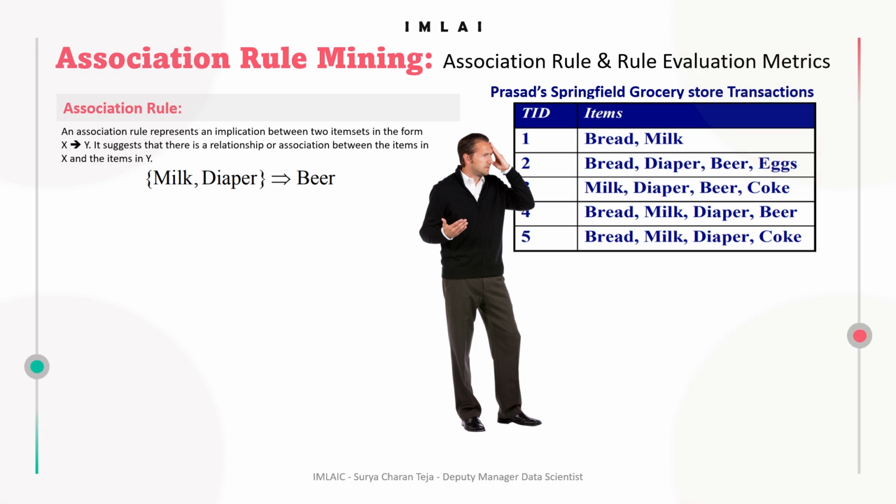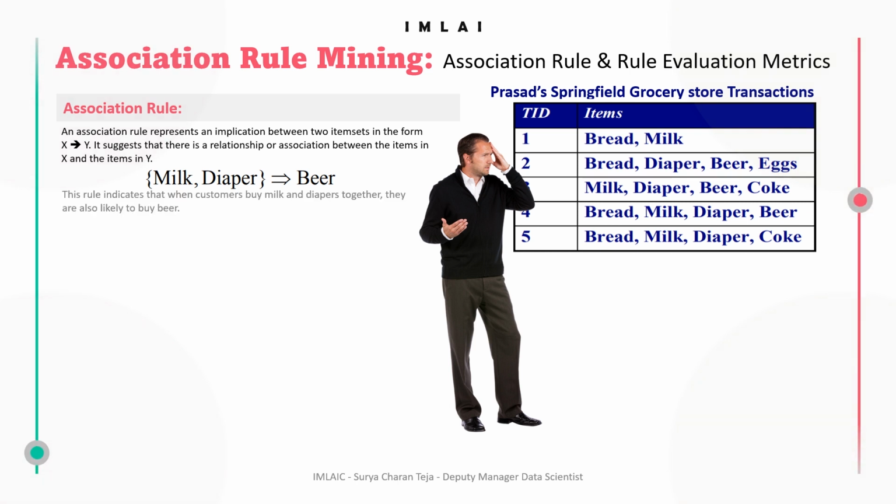So this rule indicates that when customers buy milk and diapers together, they are also likely to buy beer. So how significant is this association rule, how sure are you?